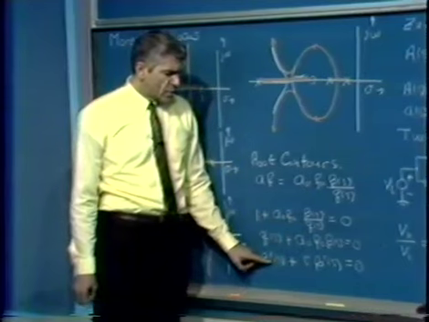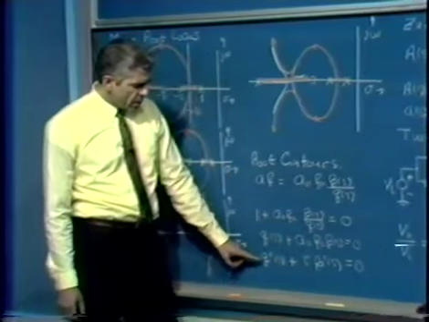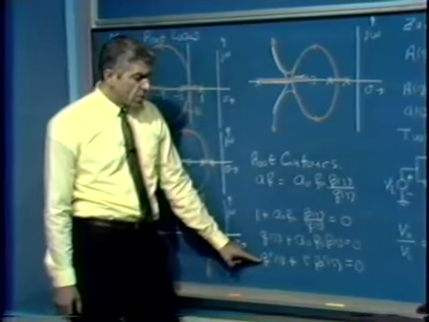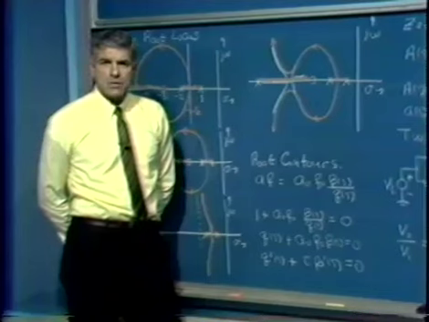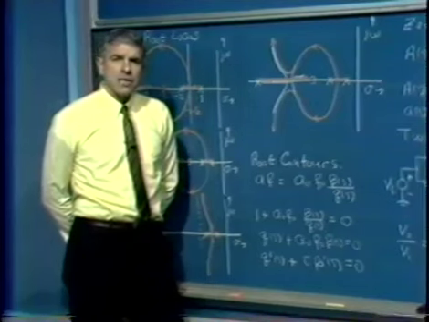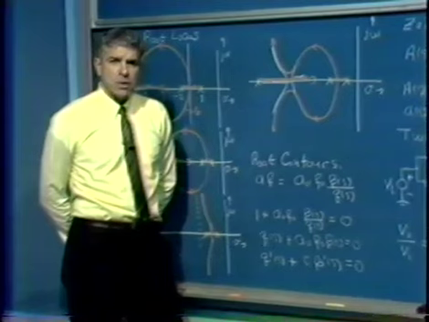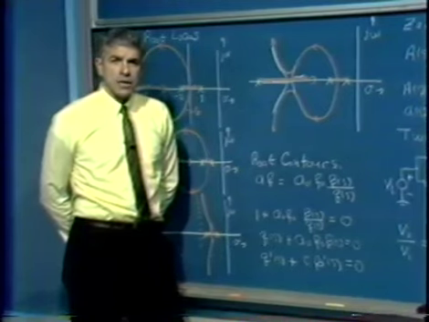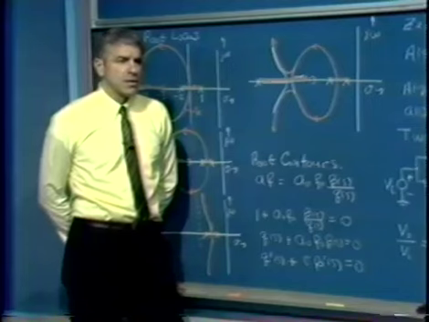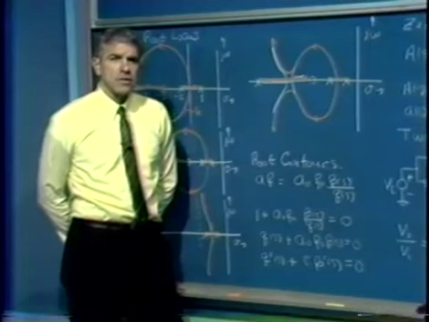Normally when we try to construct a root contour diagram, we find that the polynomials q prime of s and p prime of s unfortunately don't appear in factored form. And so there's a computational difficulty which involves reducing those polynomials. Once we've gotten over that hurdle, the construction of a root contour diagram is no more difficult than the construction of a root locus diagram.